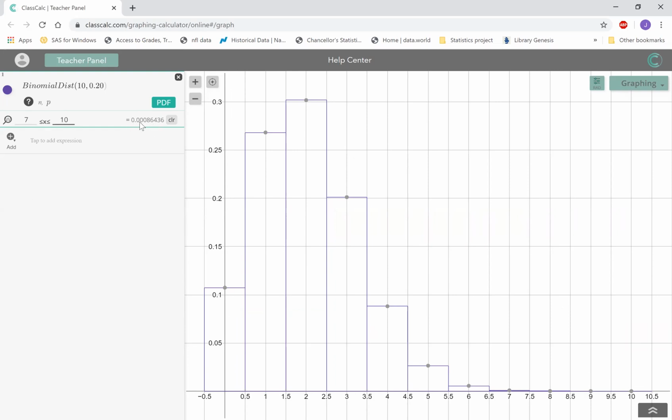So if you look at the probability it gave me, it told me the probability that x is greater than or equal to 7 is equal to 0.00086436.